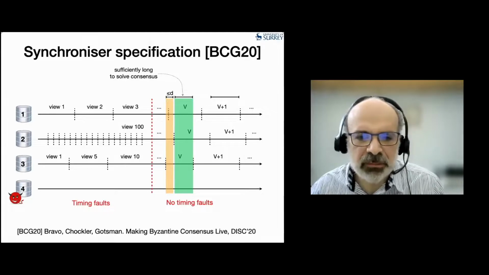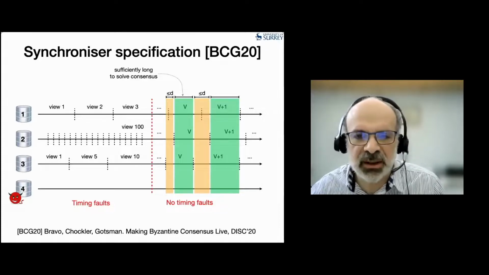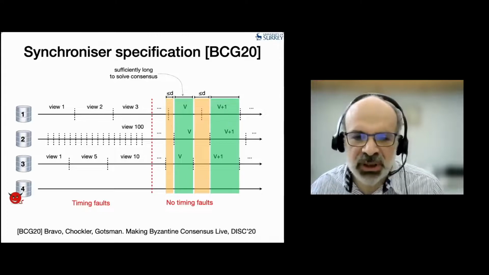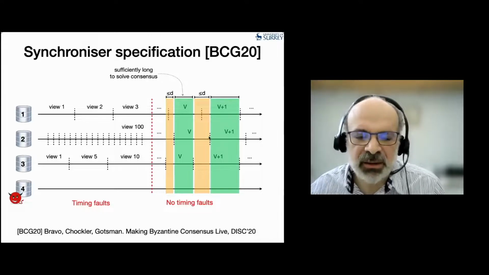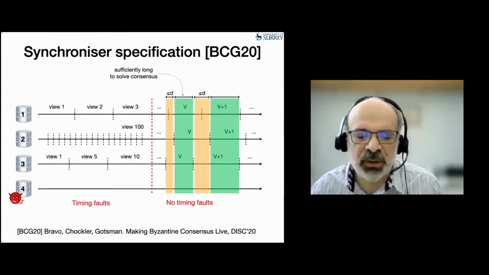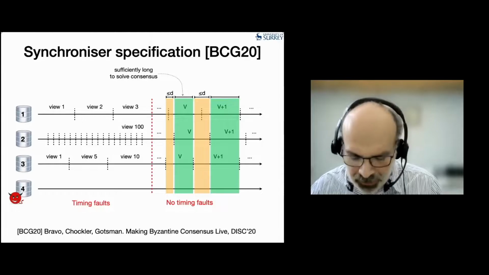When the system is timely, this picture continues to repeat itself, and we can set up the Synchronizer so that this overlap keeps increasing, for example if we don't know the network delay. Eventually, if there is enough time without timing faults, consensus will be solved.